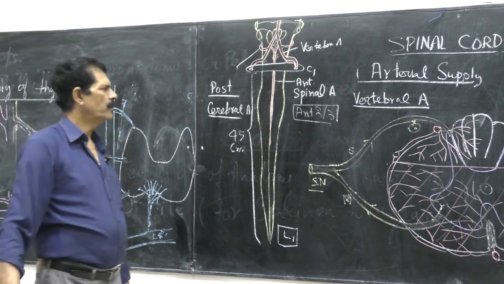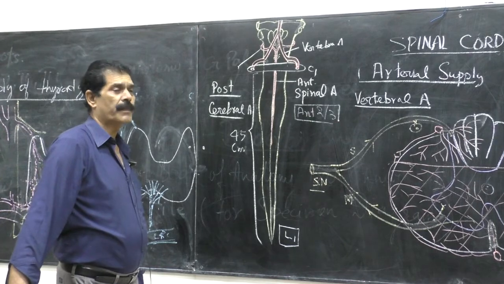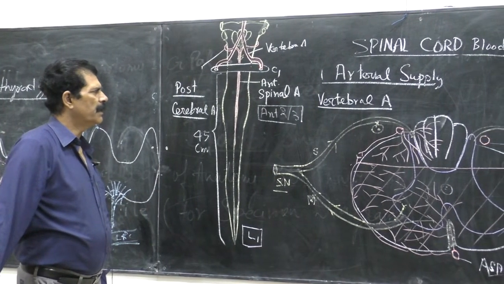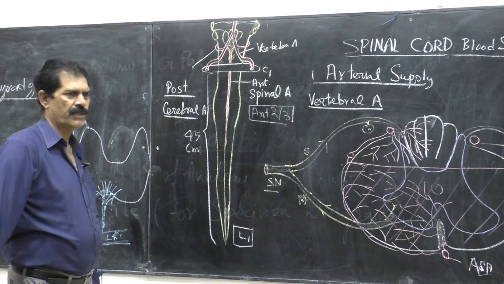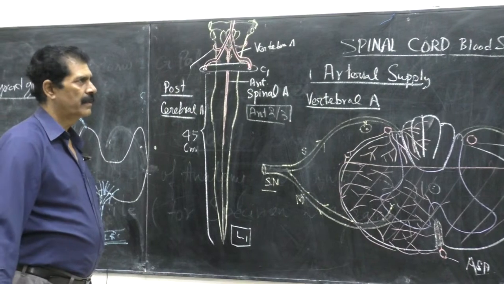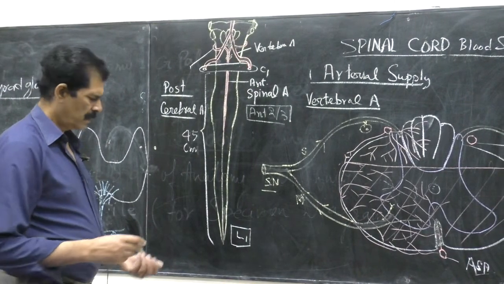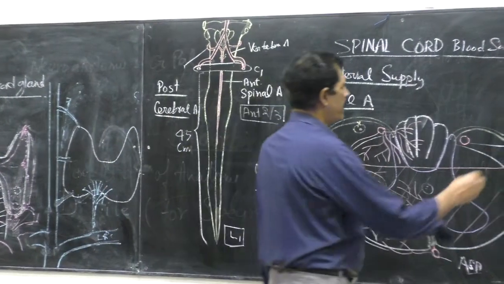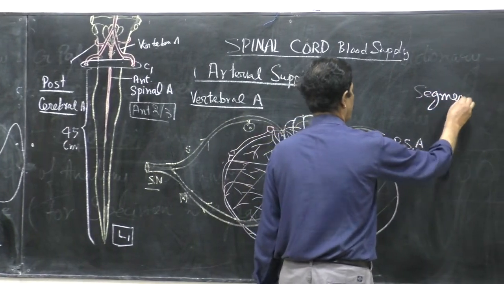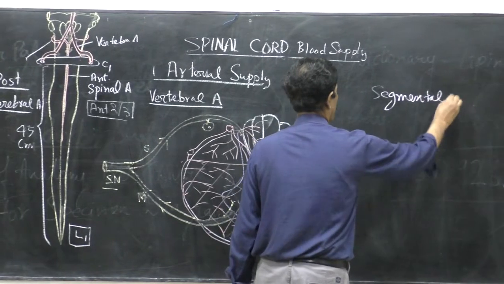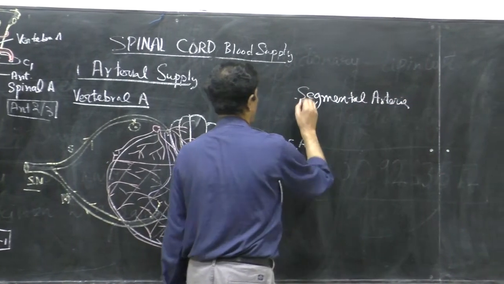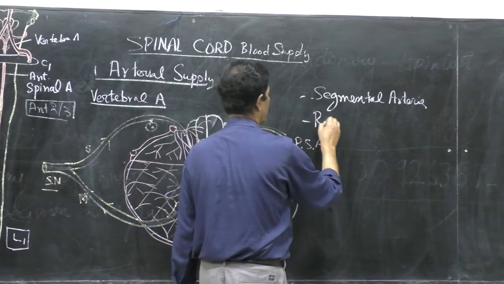Then to supply the whole of the spinal cord, the anterior spinal artery is reinforced or strengthened by the segmental arteries and radicular arteries.